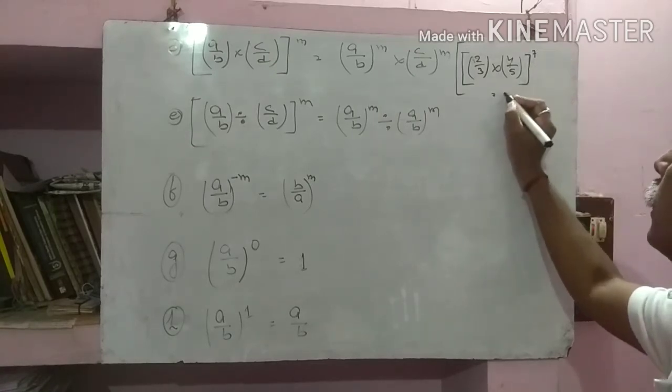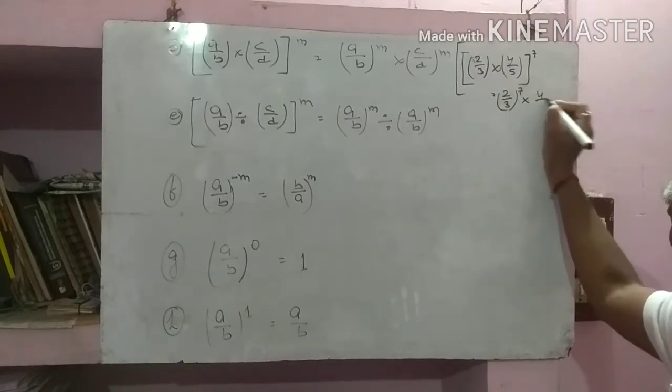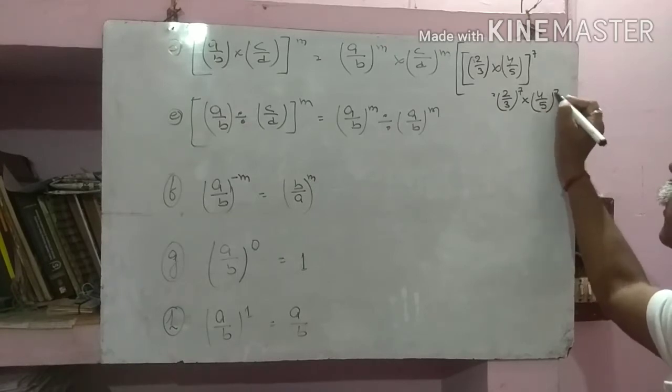It means this is (2/3) to the power 7 into (4/5) to the power 7.